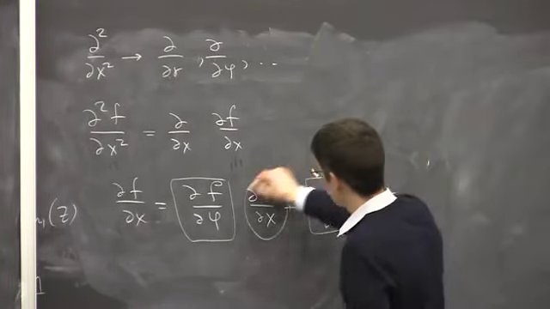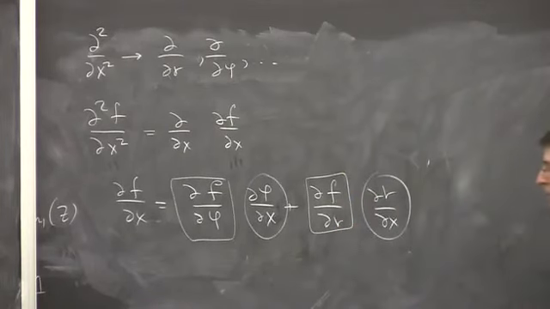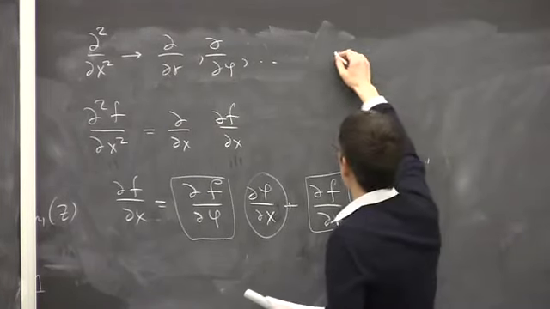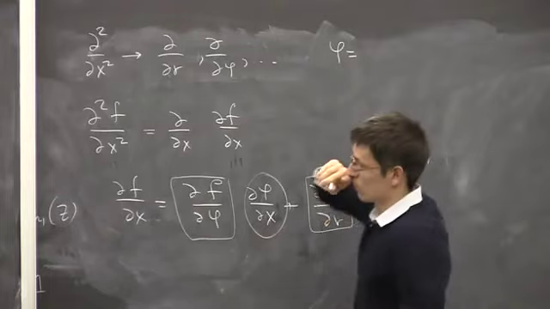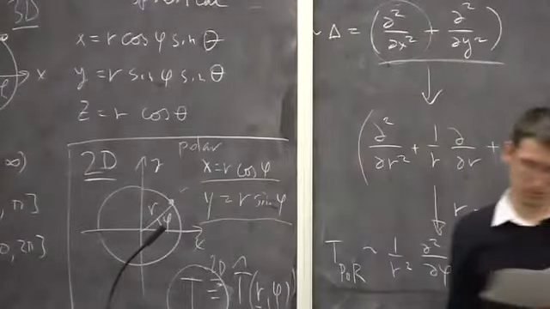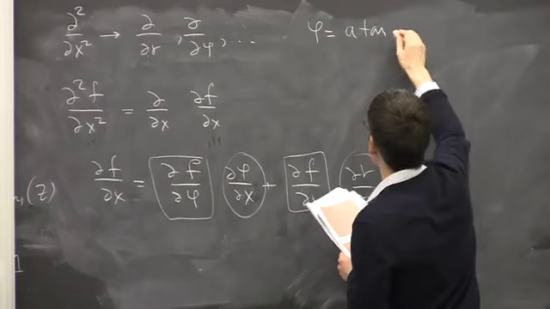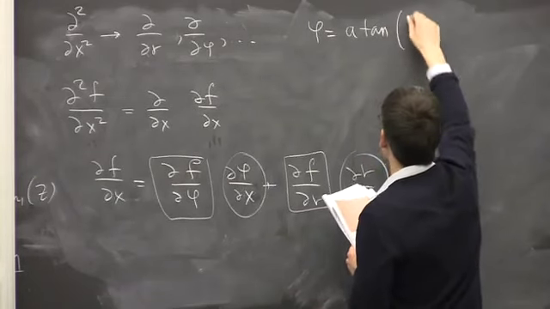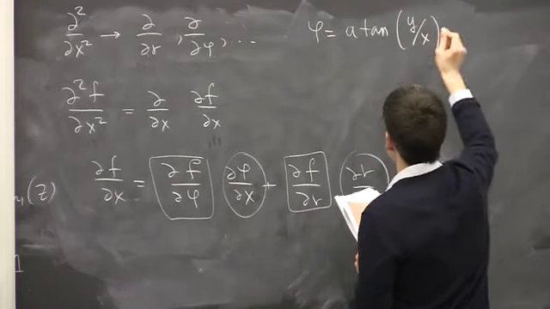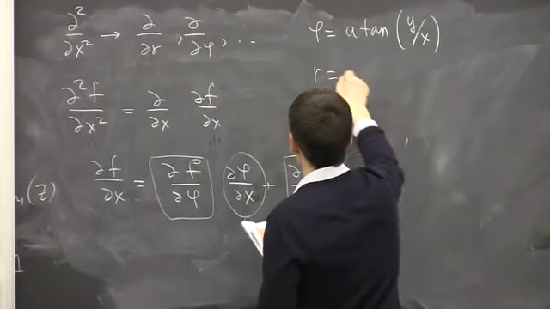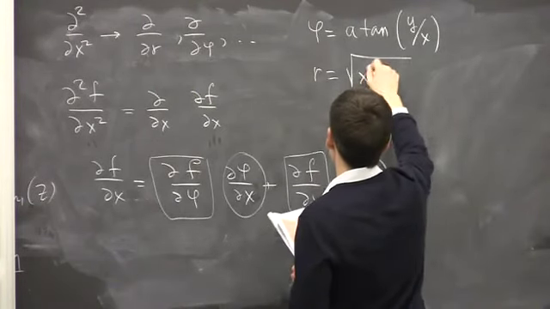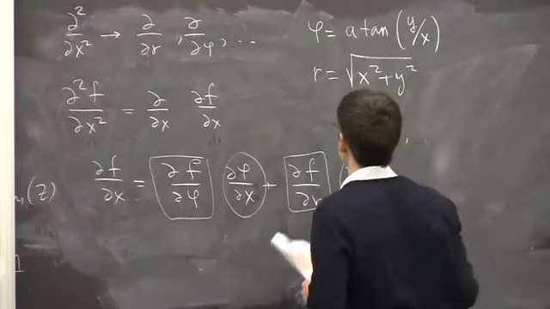But these things we can calculate easily because we know phi from these expressions. We can easily find that phi is arctangent of y divided by x, and r is the square root of x squared plus y squared.